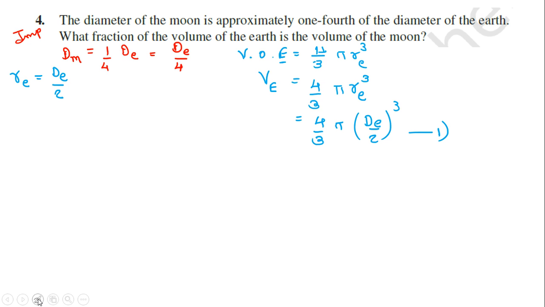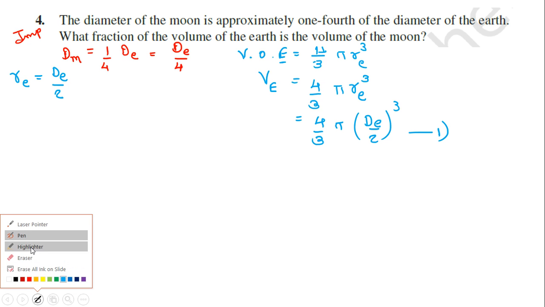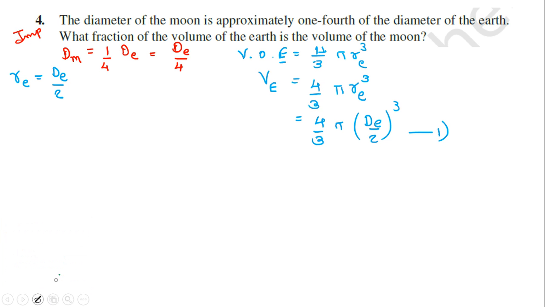Now what about the volume of moon? So Vm I have written here. Volume of moon is equal to again 4 by 3 pi, but now Rm means radius of moon, its cube. It is called Rm cube.